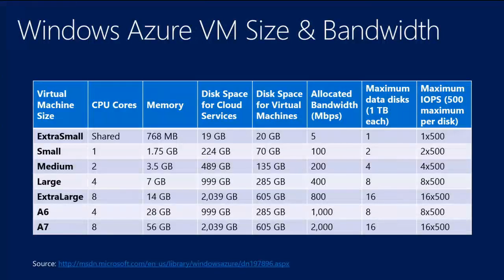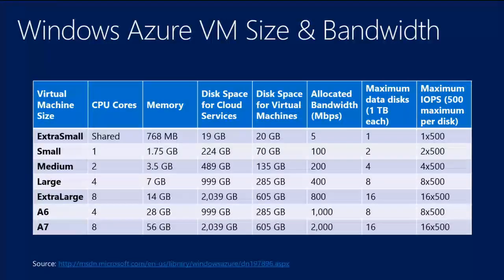So let's start with the machine size then. I'm guessing that most of you have probably seen this chart of different virtual machine sizes, and when you create a virtual machine, you get this choice of different machine sizes. From small and above, you at least get a CPU core.